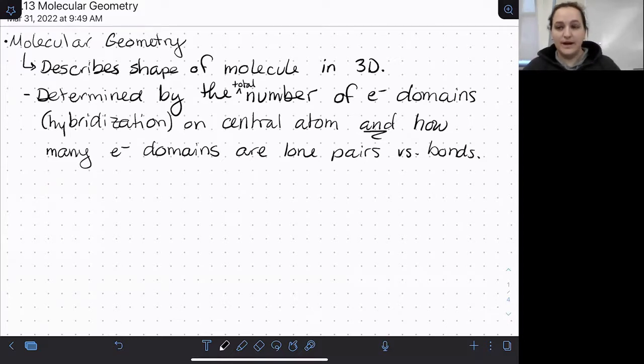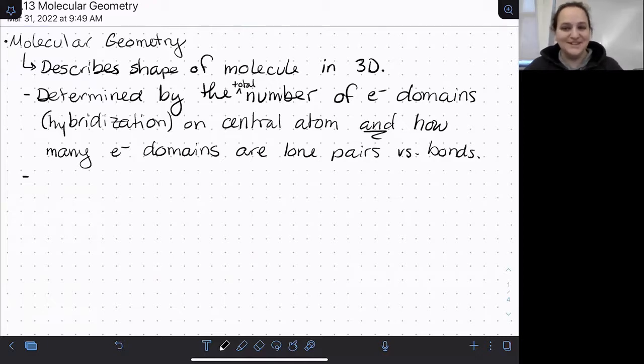And then if we look at how many of those electron domains are lone pairs versus bonds, we find a specific label for each combination. That is what is known as the molecular geometry. So essentially, what is happening when a molecule takes its 3-dimensional shape is that the electron pairs, the electron domains, all contain electrons.